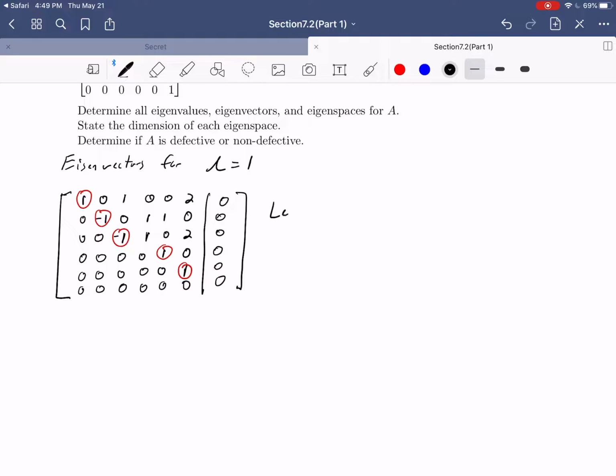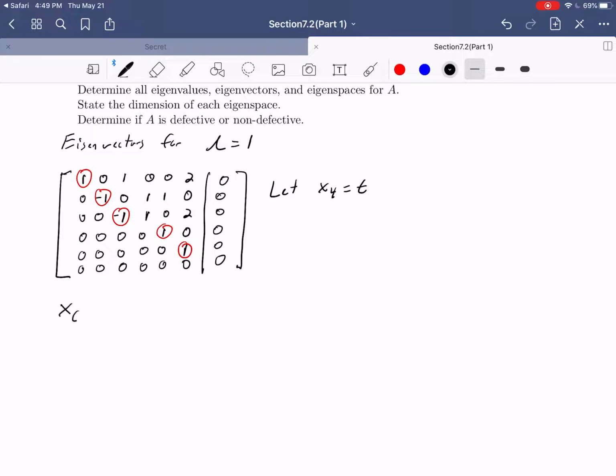Let's take a look at what that would be. We're going to let x4 in this case be equal to t. We're going to get that x6 is equal to 0. The next equation tells us that x5 is equal to 0. Then we get that negative x3 plus x4 plus 2x6 is 0.